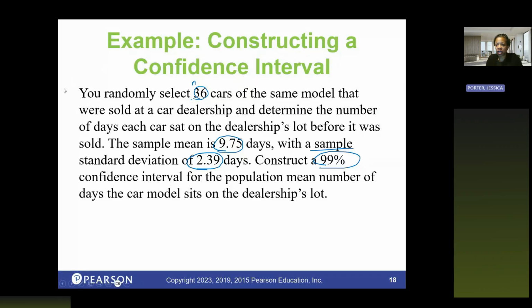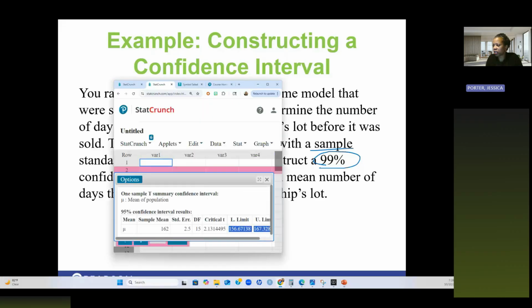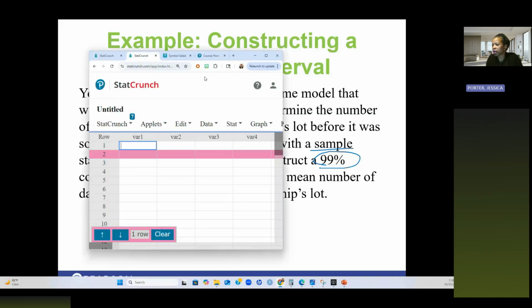And again, you can use table 5, or you can use the calculator, or you can use StatCrunch. So I'll just kind of float back and forth between the devices we're using, and we'll just do StatCrunch for this one.